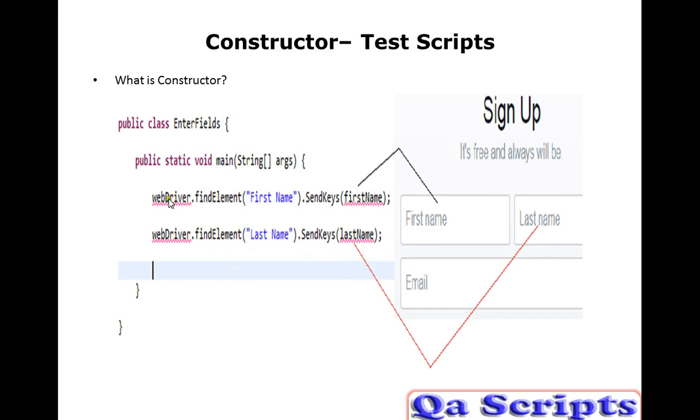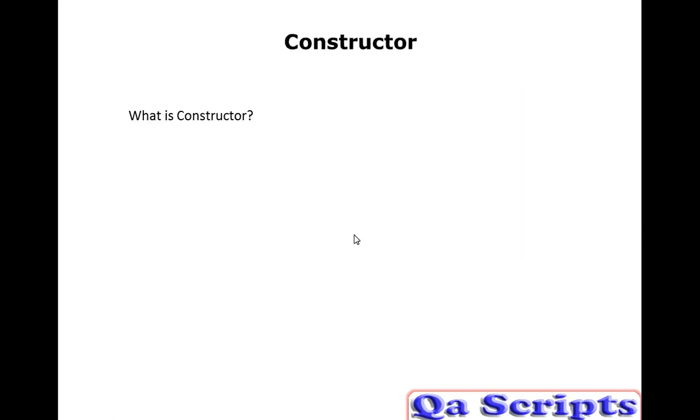Of course, the syntax of find element and WebDriver is not correct, but I am just using it to give an example. Think that these two lines of code will help you enter first name and last name. But where is the value for first name and last name?